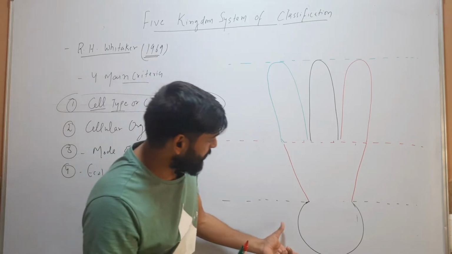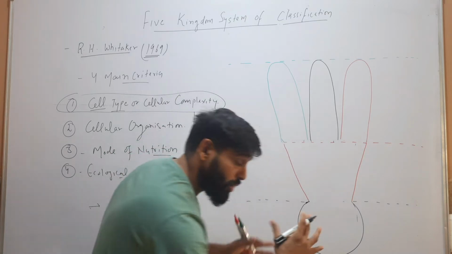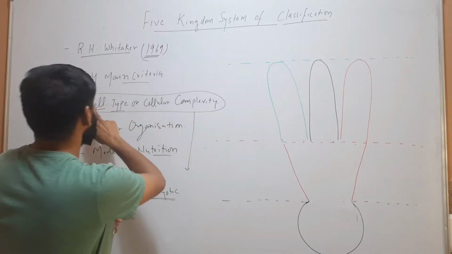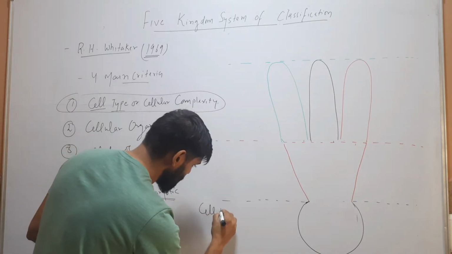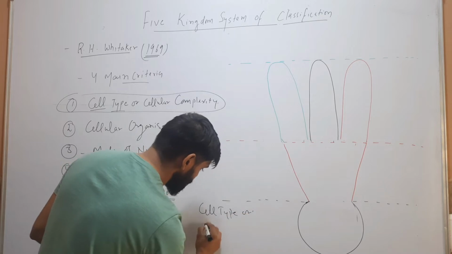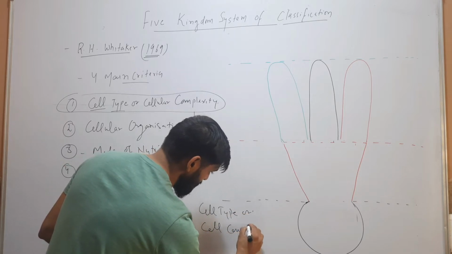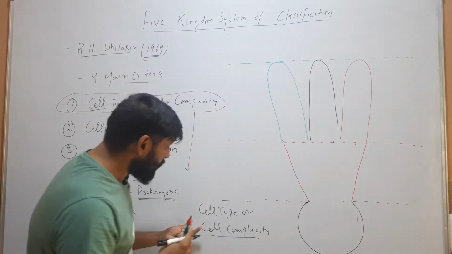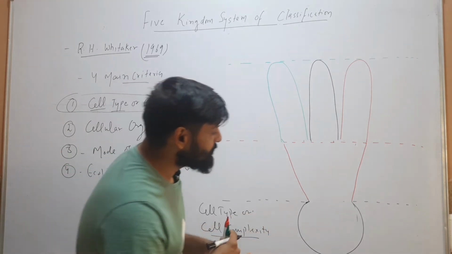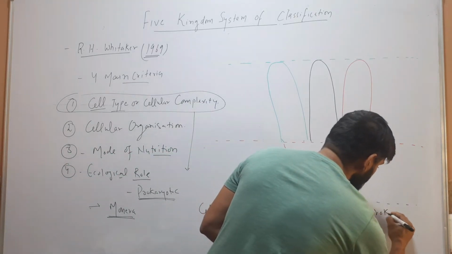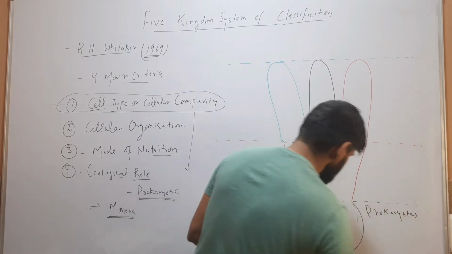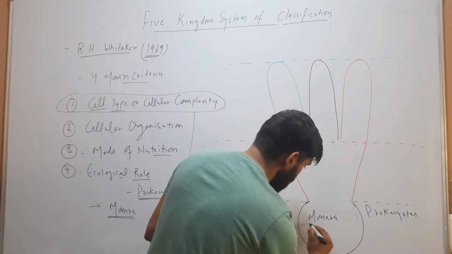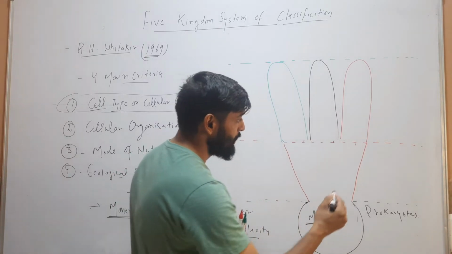So in this diagram, here I am taking the first criteria, that is cell type or cell complexity. So these are organisms which are prokaryotic in nature. So all prokaryotes were kept in a kingdom that is called monera.